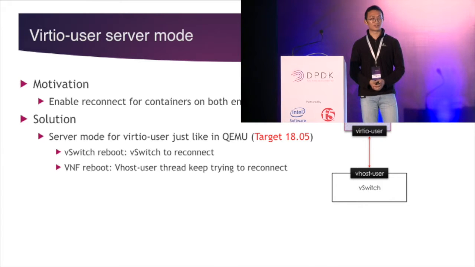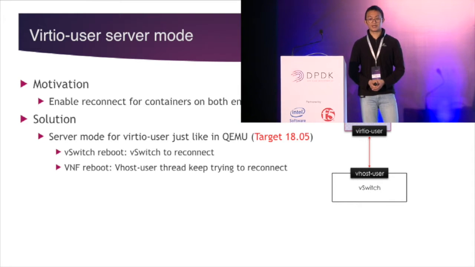For instance, if the virtual switch needs to reboot for some hot upgrade, then we need the connection of the guest to connect to the virtual switch after the upgrade.